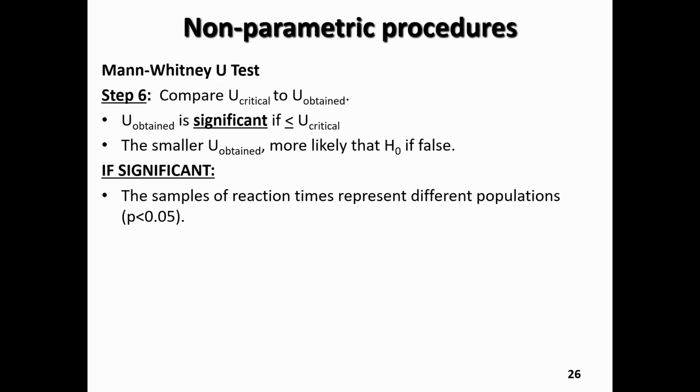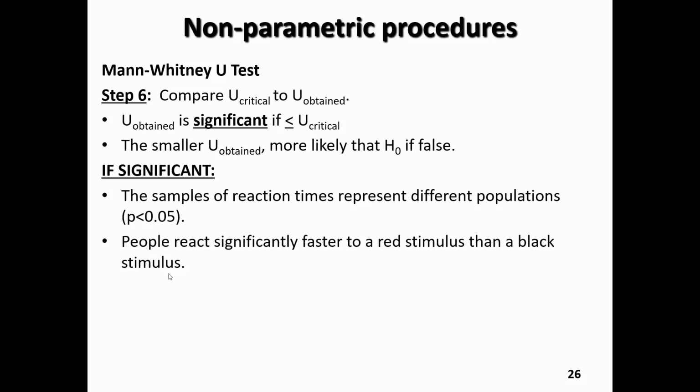But because the computer symbol color, red versus black, was the central question, we would conclude that people react significantly faster to a red stimulus than a black stimulus. The term significantly suggests that this is at the statistical 0.05 level. This ends this video on the Mann-Whitney U test.